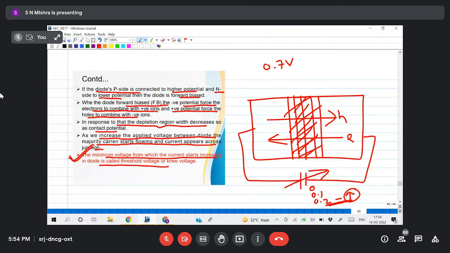That means if you increase 0, 0.1, 0.2, 0.3, 0.4, 0.5, 0.6, 0.7, after 0.7, the current across the diode will increase for silicon diode. Similarly, if you take a germanium diode, then after 0.3 volt, the current will start increasing. In the lab also, you will verify all these things.